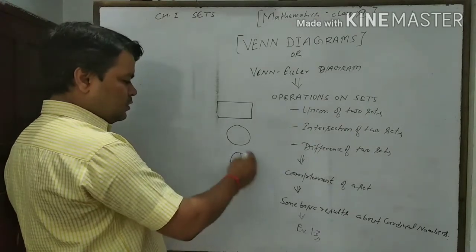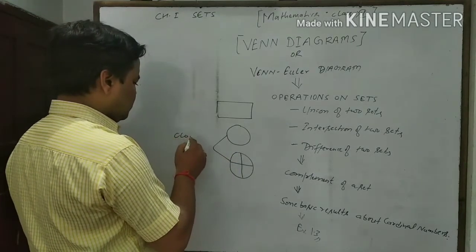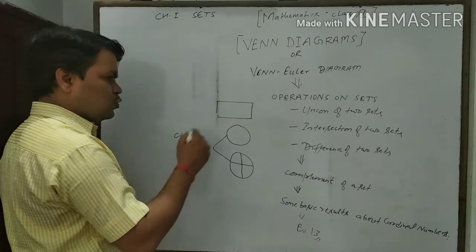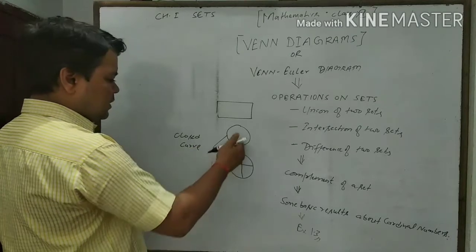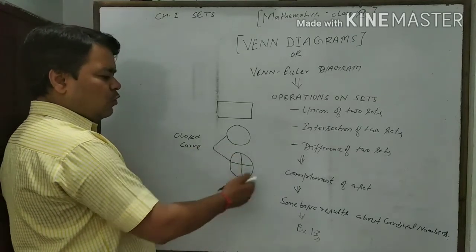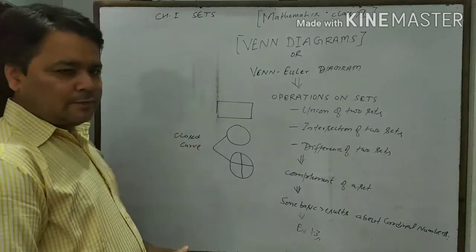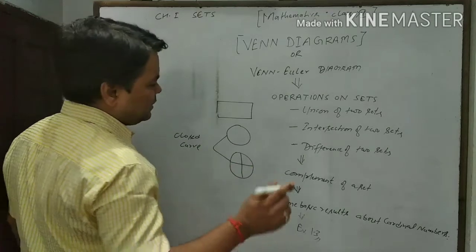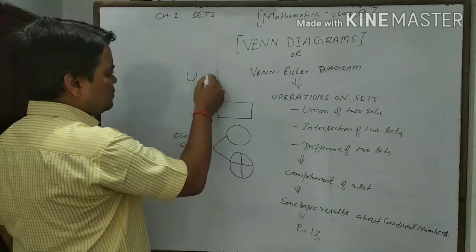This shape is called oval, and both are closed arcs, or we can say closed curves. Here circle and ellipse, meaning oval shape, are also closed curves. And we know that the universal set is simply represented by U or some sign G.